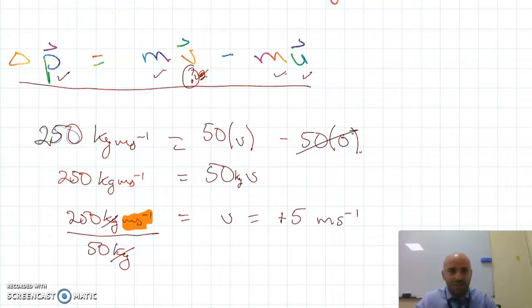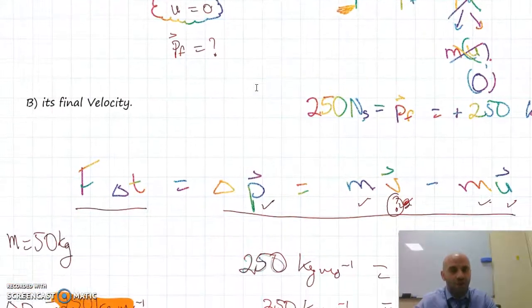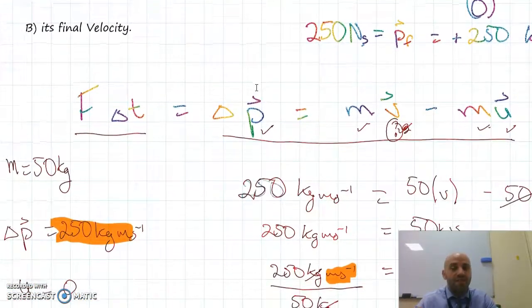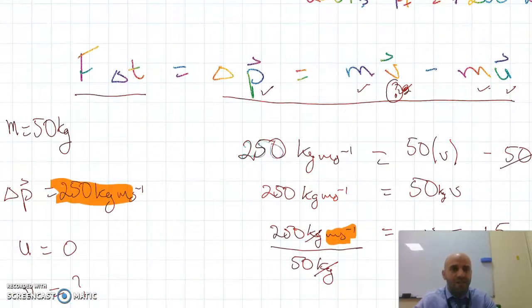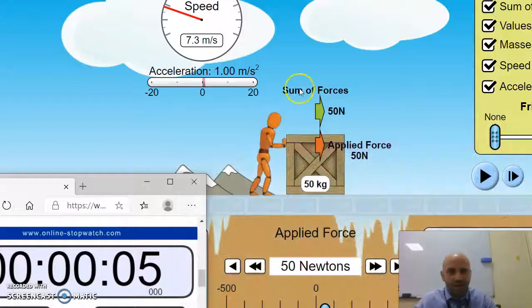Now, what I decided to do is try redo this. I know I have to apply a force of 50 newtons to my box of 50 kgs for a time of 5 seconds. So to try help me do this a bit better, I have got an online stopwatch here. Let's see if I can do this right.